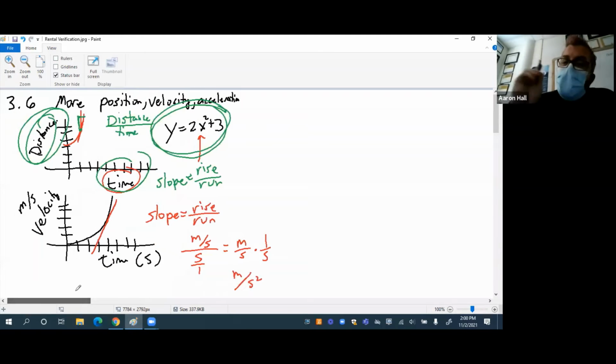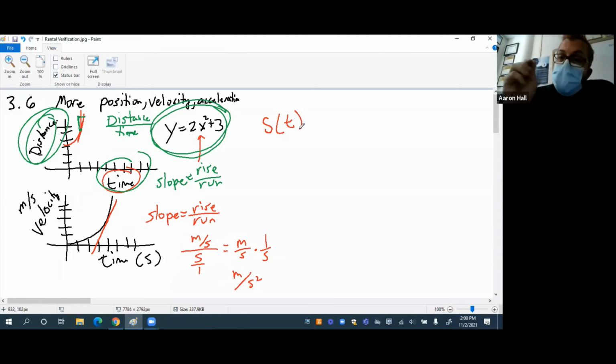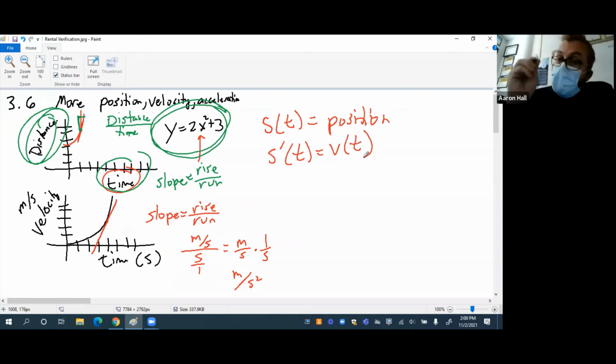Now, whenever you see a graph that starts with s of t, this means the position function. If I take the derivative of my position function, I get what? It would be my velocity. And so v of t refers to our velocity function.